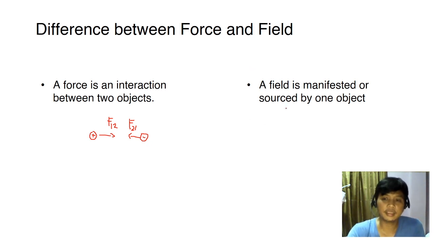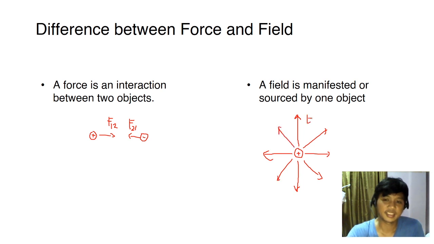Now, a field is manifested or sourced by just one object. You don't need two objects to create a field. To manifest a field, you only need one. In this case, it's just one positive charge, and it's producing an electric field that we can visualize to be radially outward.